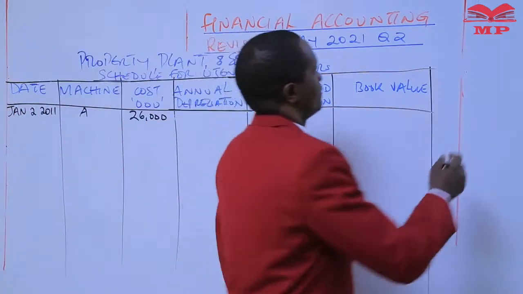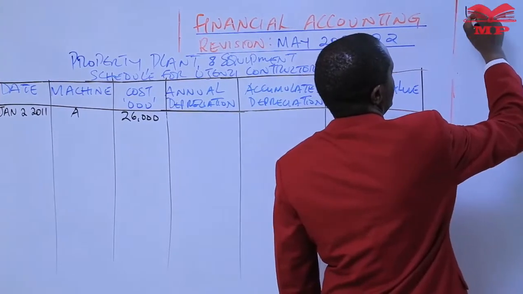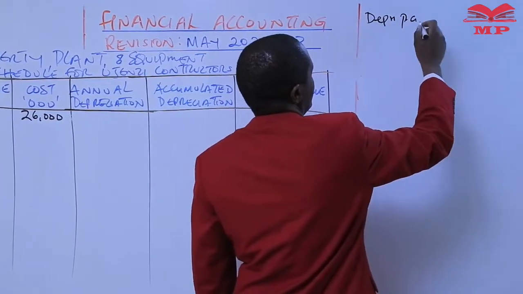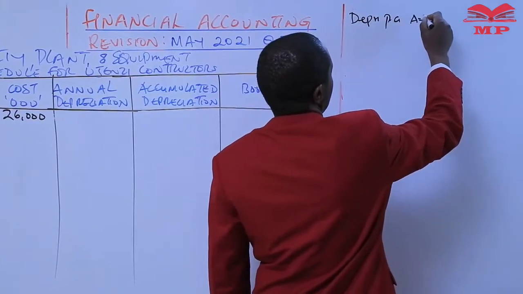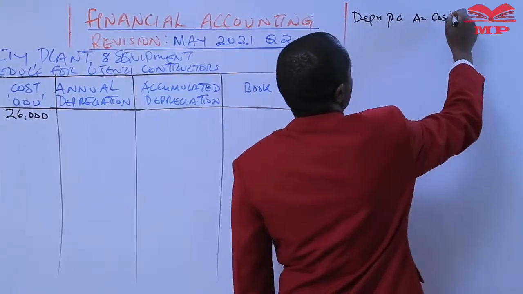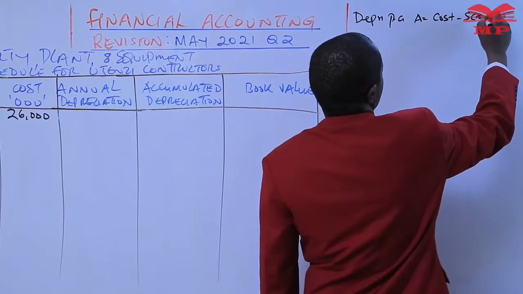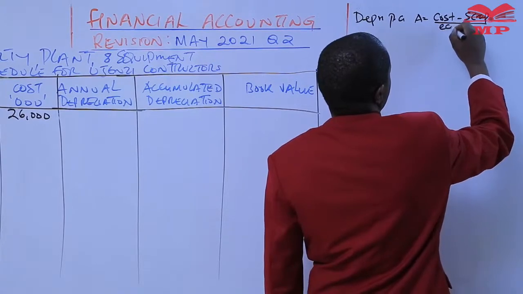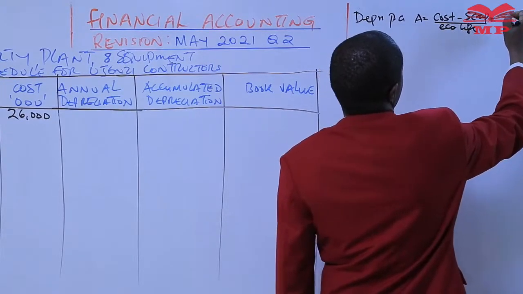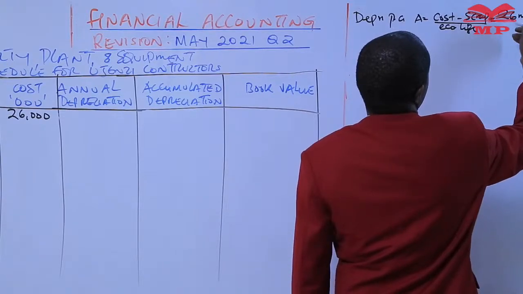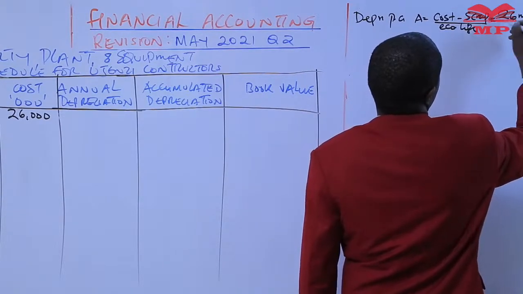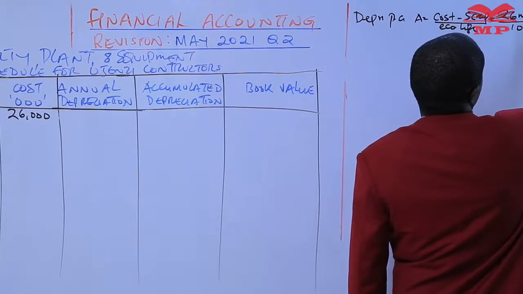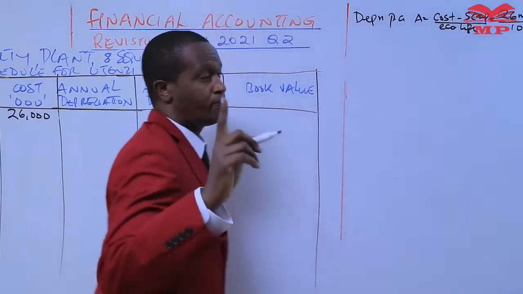So the depreciation charge per annum for machine A will be equal to 26 million minus 0 over 10. This gives me 2.6 million.